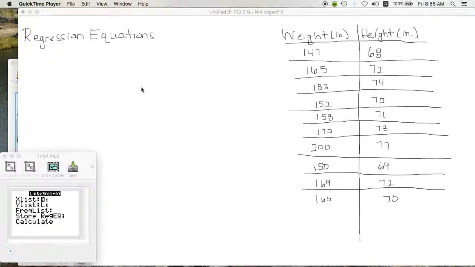What we need to do is put in the lists that we have. For my x list, I have list 4, and for my y list, I have list 5, and then we're just going to put all this in and calculate it, and we get this equation here. On your calculator, it looks like that.